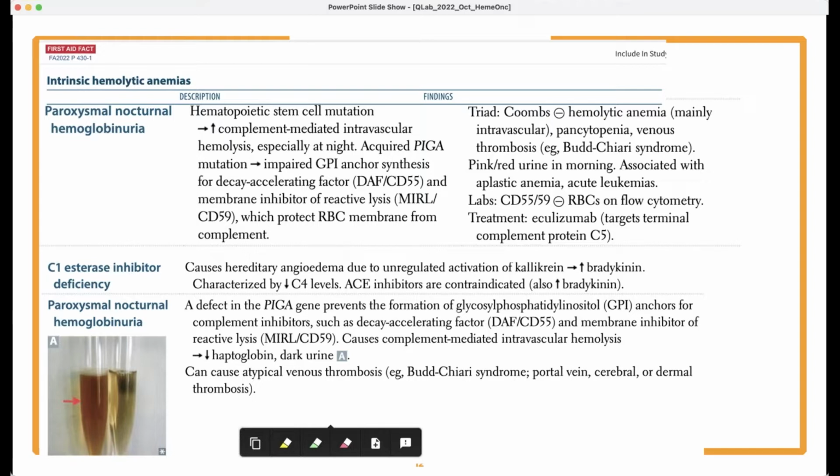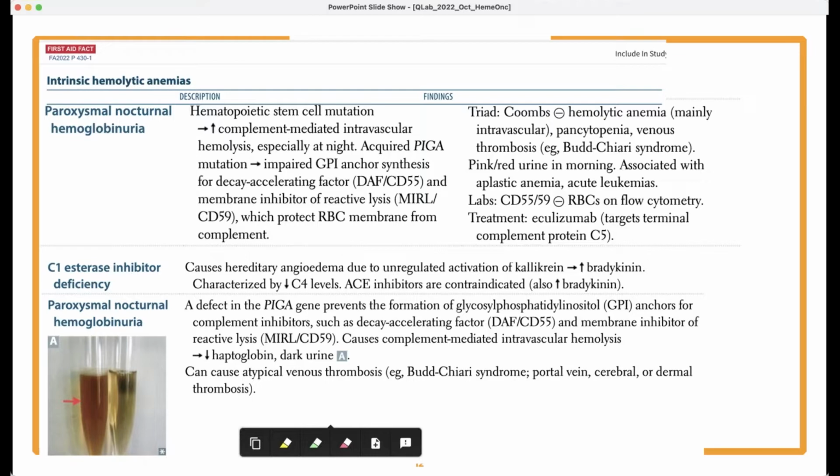These protect the red blood cell from being destroyed by complement and the complement pathway. Because they don't have this, they are susceptible to attack by the membrane attack complex of complement, and thus hemolysis, and their RBCs break down, okay?